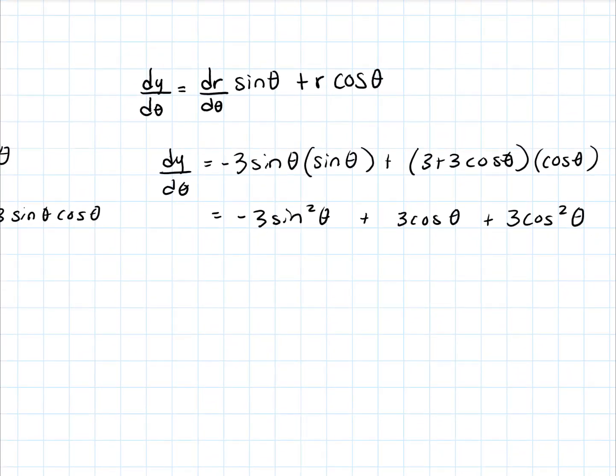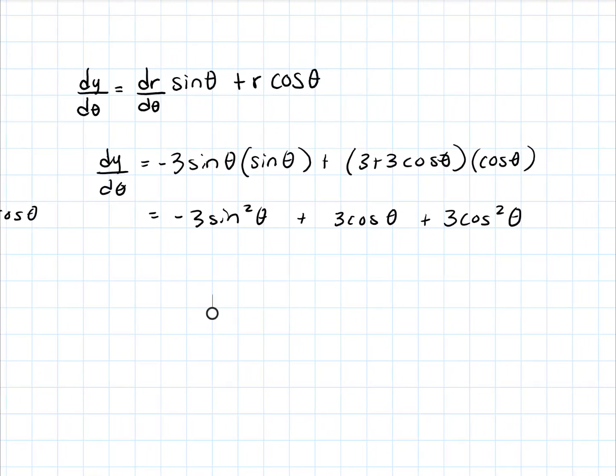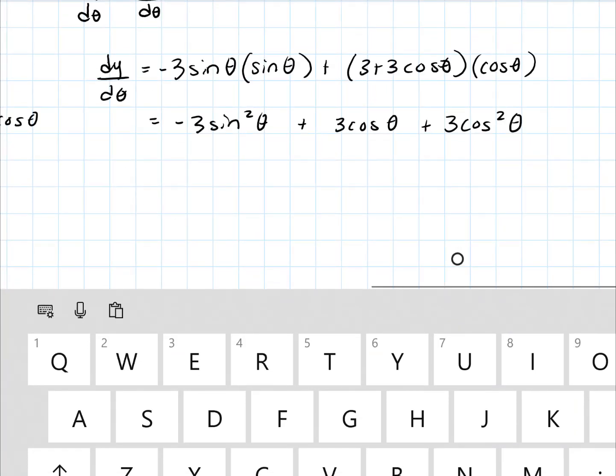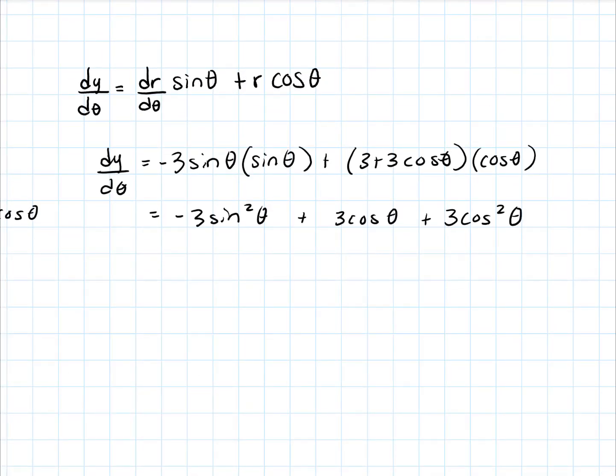And I noticed that if these had both been plus 3 sine squared and cosine squared, or both minuses, I could do some simplification with some identities, but I'm going to use a different identity. Looking at this and thinking, I got these two cosines, why not switch this guy into a cosine too? So let's just make that 1 minus the cosine squared of theta.